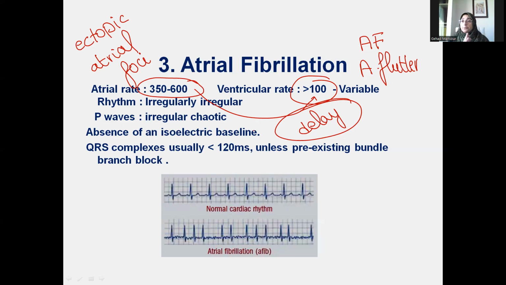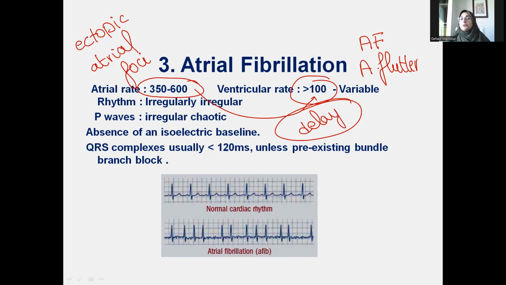So in atrial fibrillation, we have an irregular rhythm, and we cannot identify any P waves. We have chaotic P waves. We have chaotic isoelectric lines. You cannot even count the number of P waves before each QRS complex. There is no regular pattern. And as you see, atrial fibrillation is an irregular rhythm.